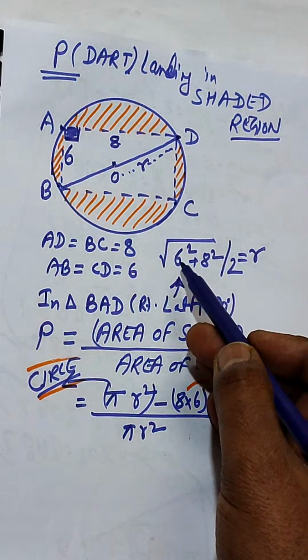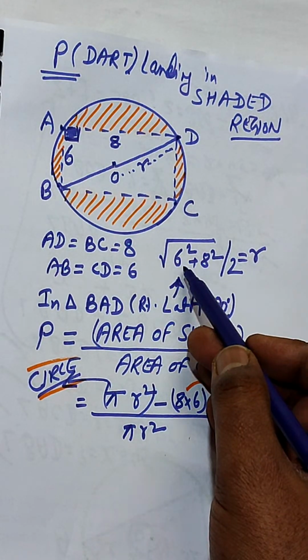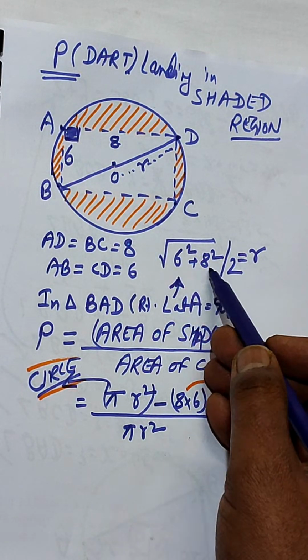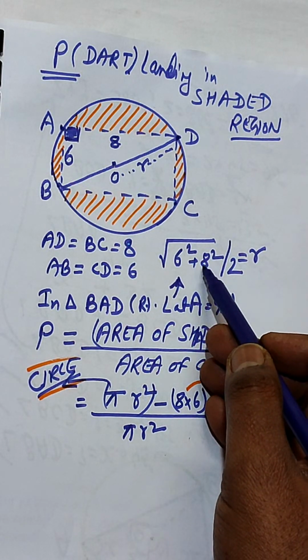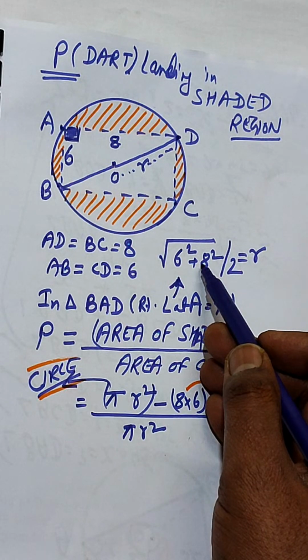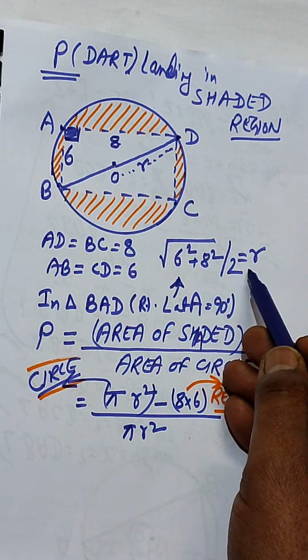And 6 square plus 8 square is 36 plus 64. So it will give you 100, and taking root over of 100 will give you 10. So 10 by 2 is 5.